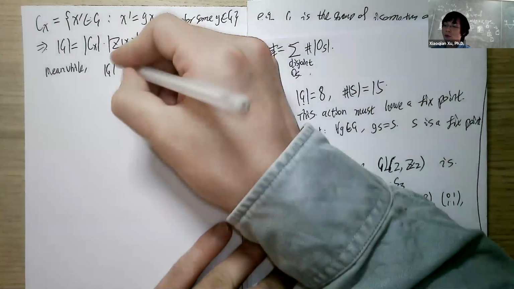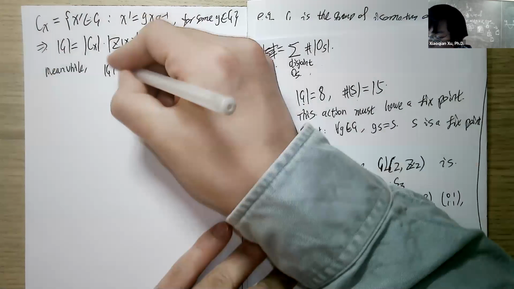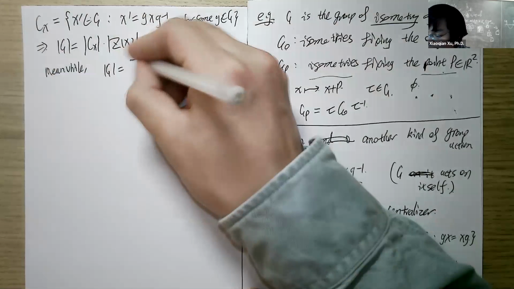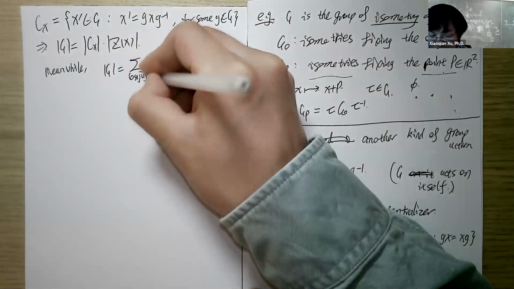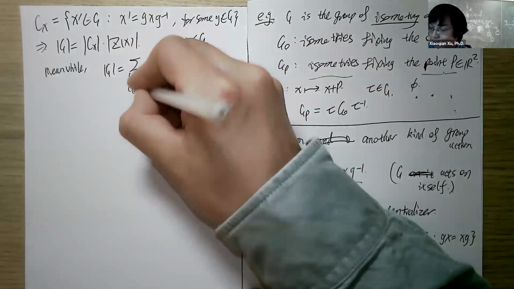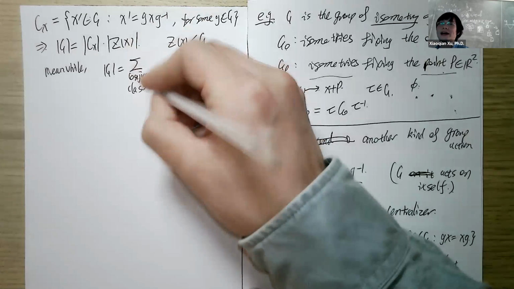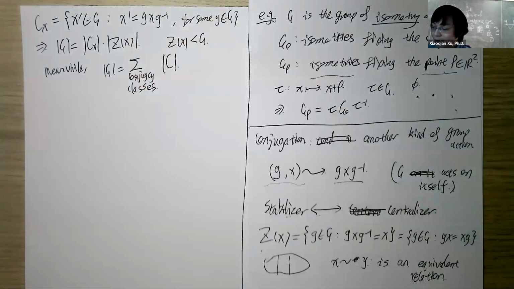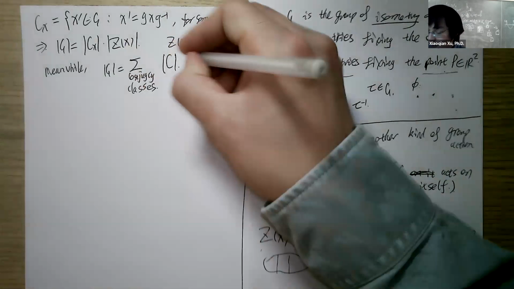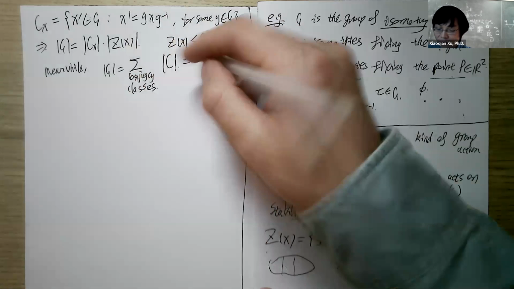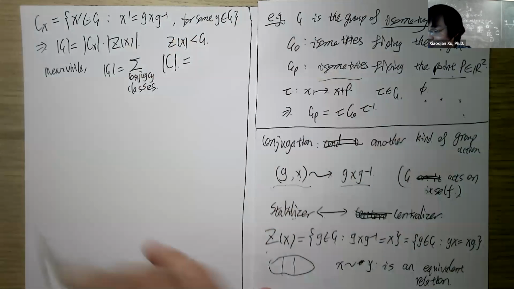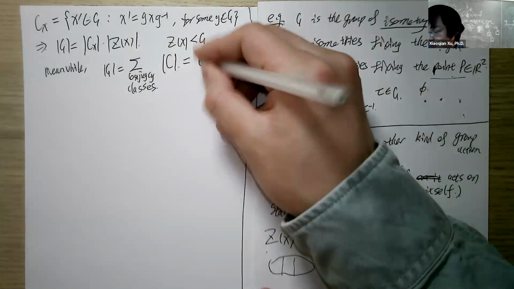Here it can be written as the disjoint union of conjugacy classes of your elements. Or, if G is finite, we can write it as C1 plus up to CK.